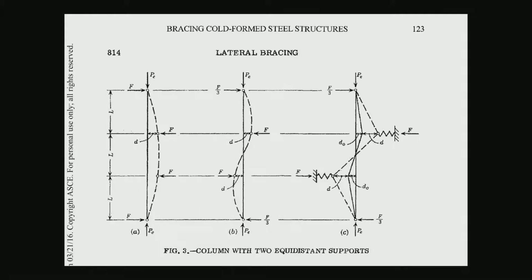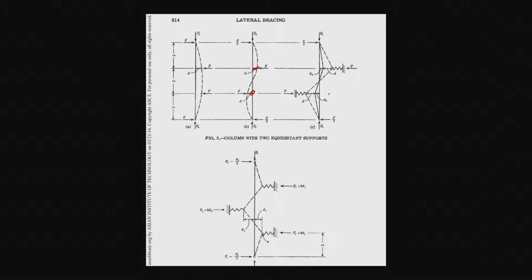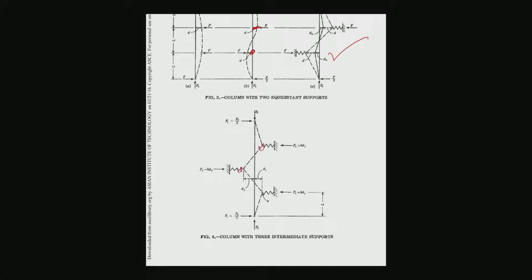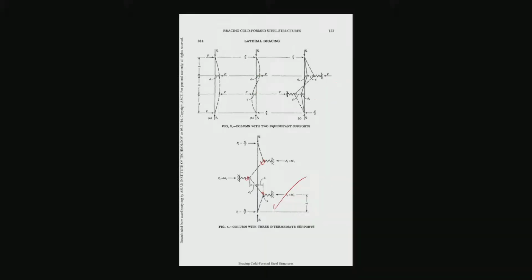So you have support at two locations, which is going to form one kind of buckling, and supports at three locations is going to form another kind of buckling. These calculations are already explained in this paper, so I think I shouldn't spend the time in class going through all of these details that you can actually read and try to understand by yourself.